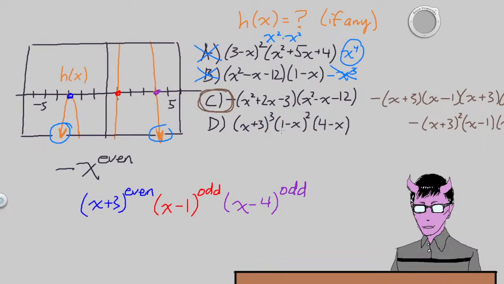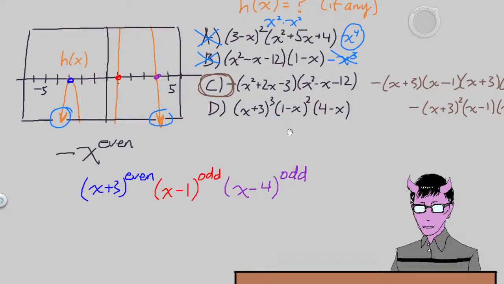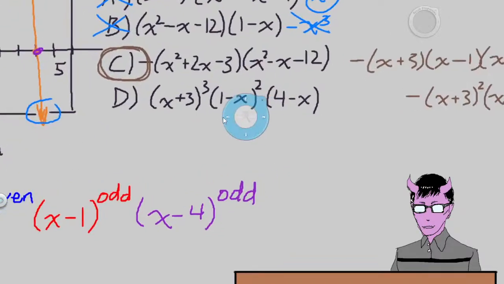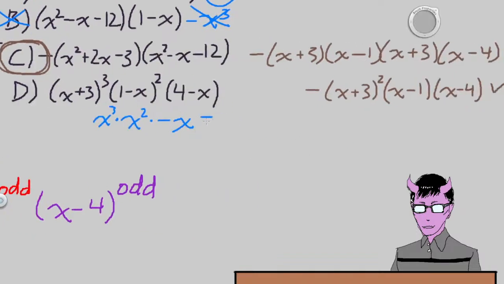And of course, checking D. Is D a valid answer choice? So we have a negative here, but that gets squared for the partial distribution, so it becomes positive x squared. Partial distribution, we have x power 3, and then this one is a negative, so times negative x. So this one does, in fact, give us an even degree exponent with a negative in front, which is good.